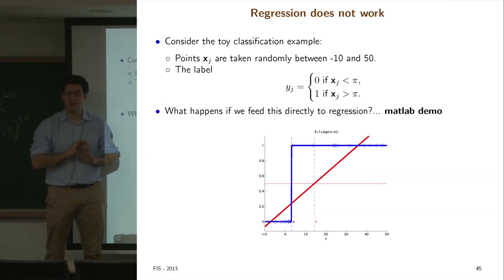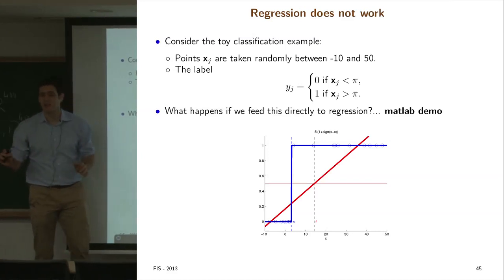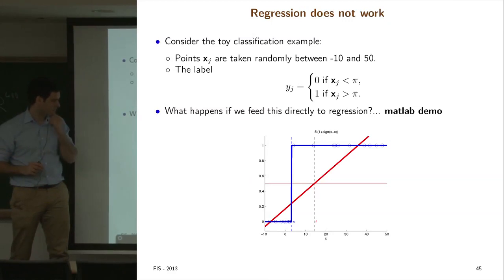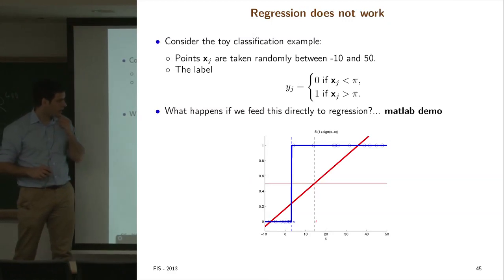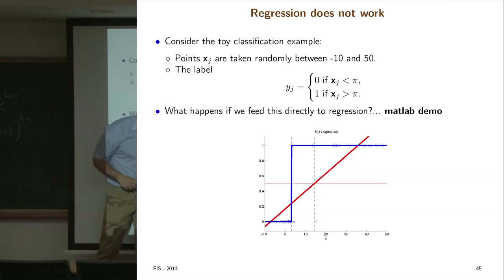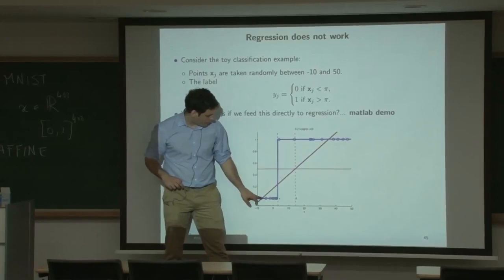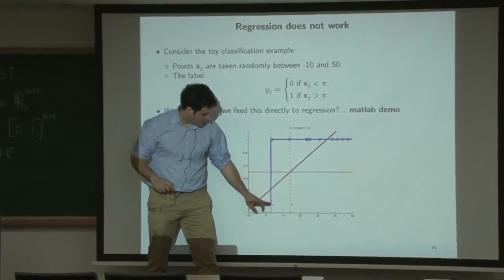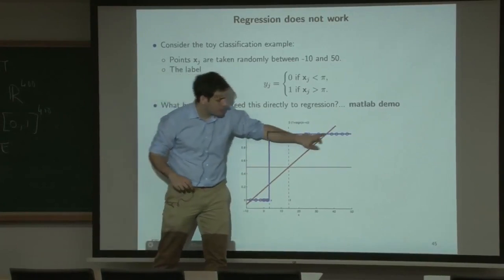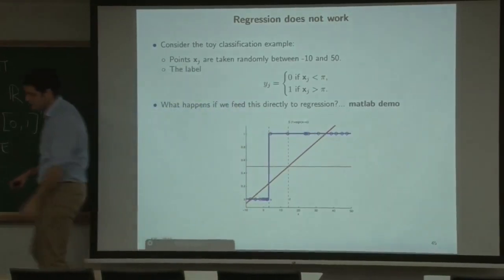Okay? So this is a completely artificial task, which I'm using just for illustration. So this is the real classification if you want. As long as the point is below pi, it's 0. And when it becomes above pi, it becomes 1. Okay?